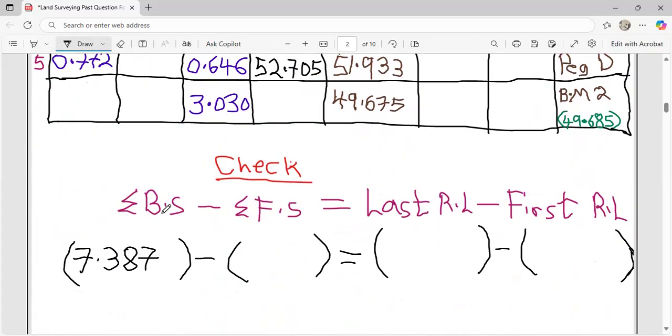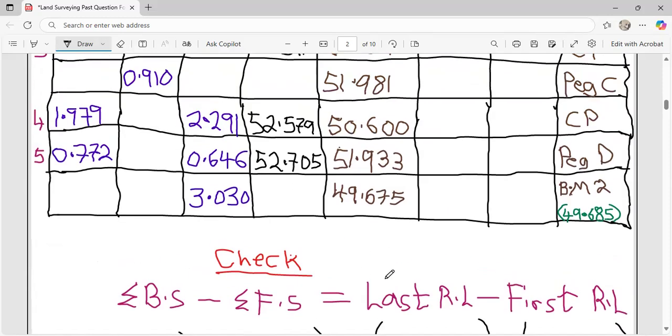After adding, you realize you're going to get 8.537.